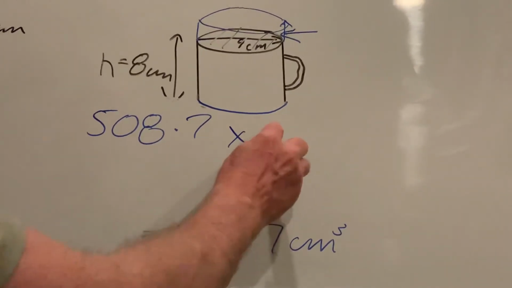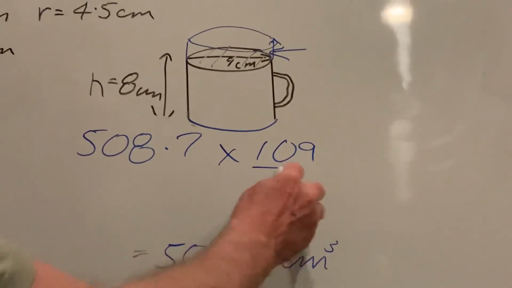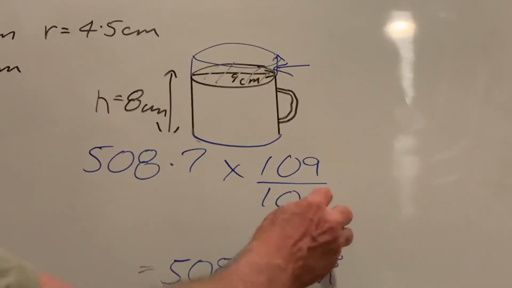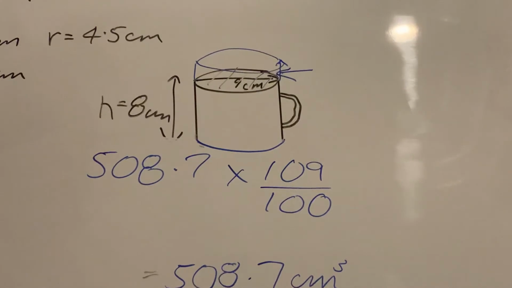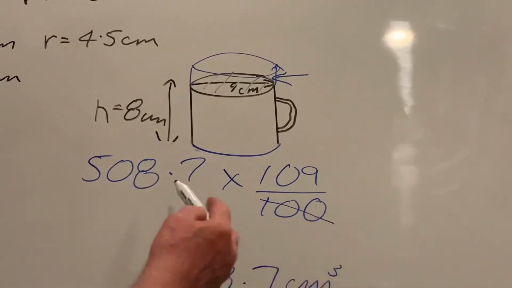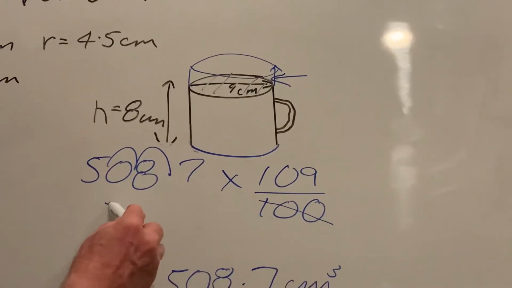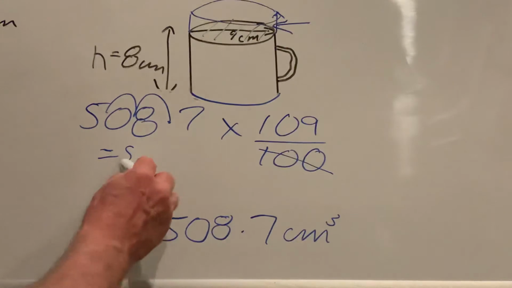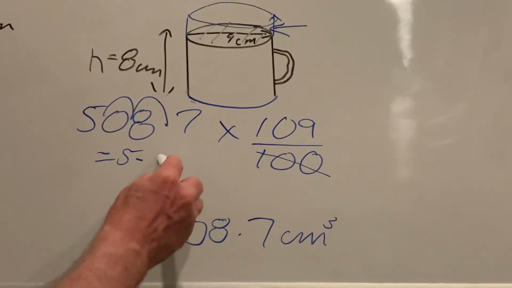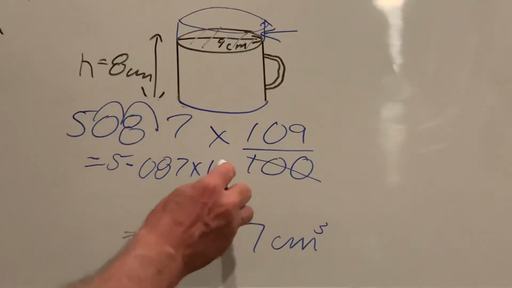So what you could do is multiply by 109 on 100. Now a good way to do this is just to cross off the 100 and take the decimal point back 2 places. So that equals 5.087 times 109.